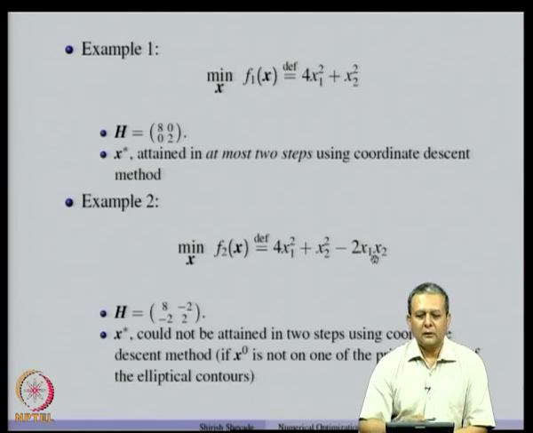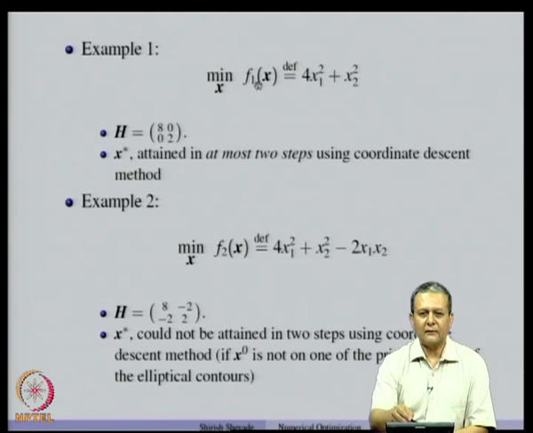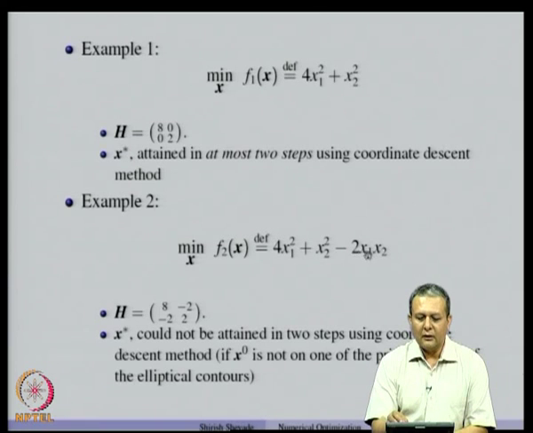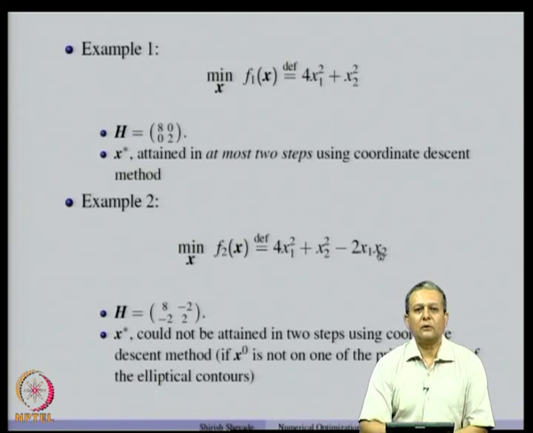The difference between the two functions is that in f1 the terms are separable in terms of x1 and x2, and in f2 the terms are not separable because there is a term which involves x1 and x2.